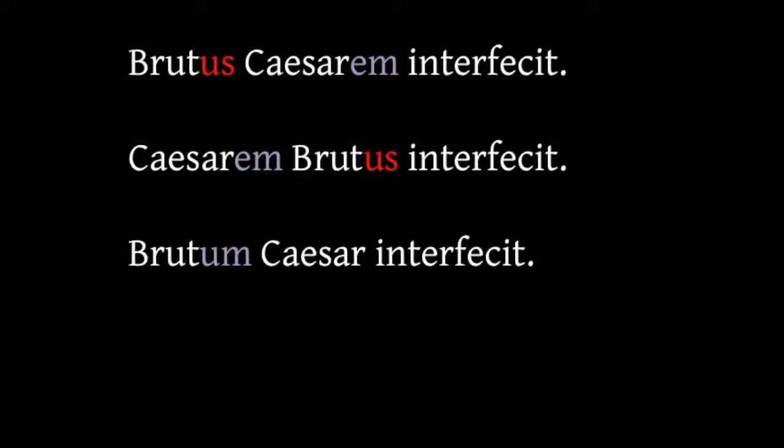And these endings matter. What this also means is that Latin word order can be quite flexible. The upshot of all this is that you cannot depend on word order alone, like English, to establish the meaning of the sentence. You have to pay attention to the endings.